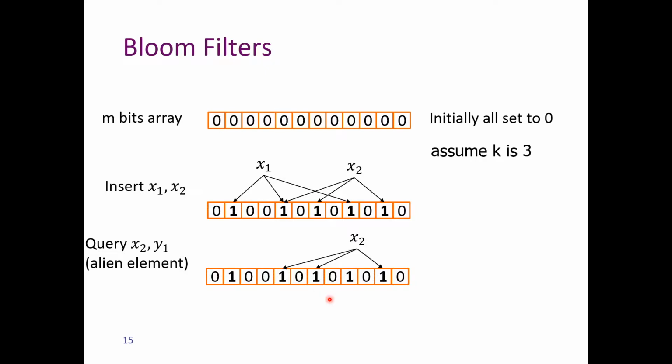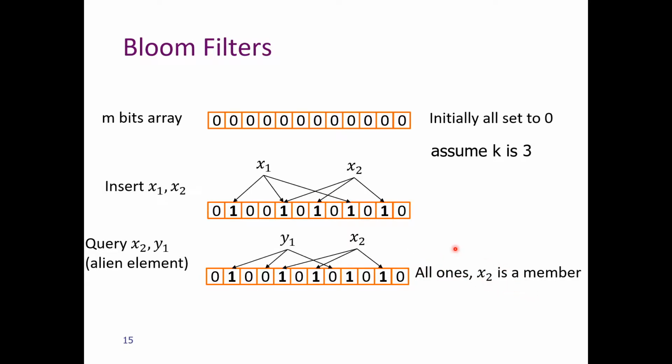Okay, so we may conclude that x2 should be an element that has been inserted to the Bloom filter. So we conclude that x2 is one of the elements of the set. If all ones, x2 is a member.